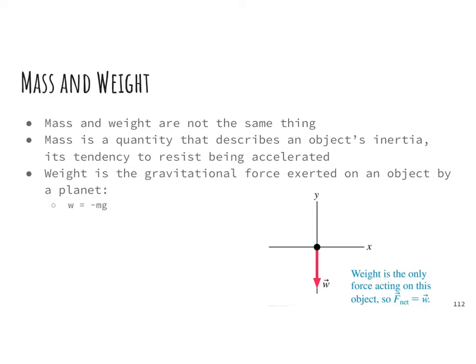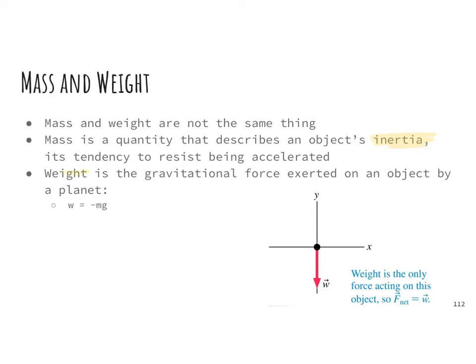When you first learn about mass, probably in elementary school or middle school, mass is how much stuff makes up an object. In physics, we go a little bit different, and we say it's a quantity that describes an object's inertia. The reason is it doesn't matter where you are, you always have the same mass. You could be in the middle of space and you'll have the same mass.